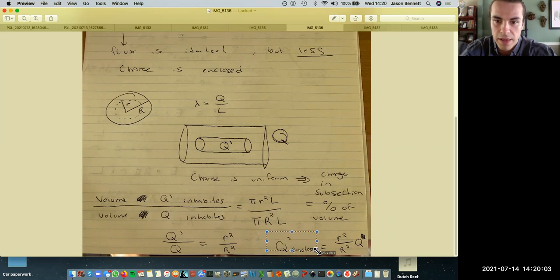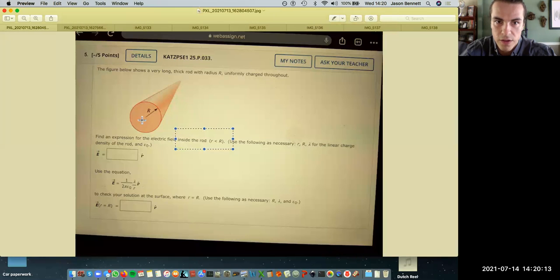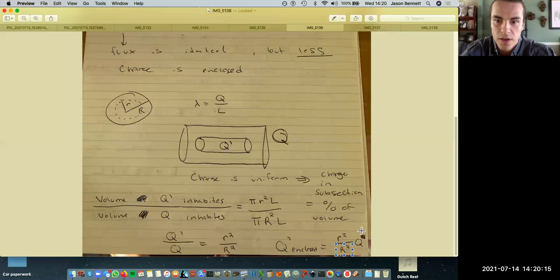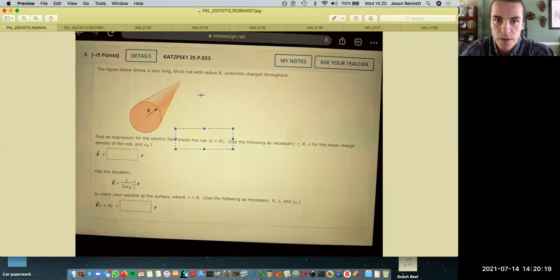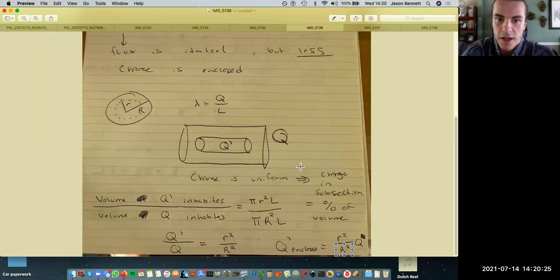So my little Gaussian surface has little r, and this is the whole cylinder, so it's the radius of the whole thing, multiplied by the charge of the whole thing. It'll drop out anyway. So, okay, now I have this.